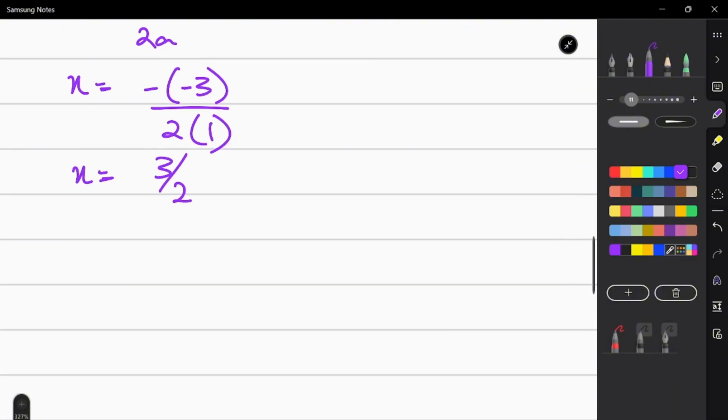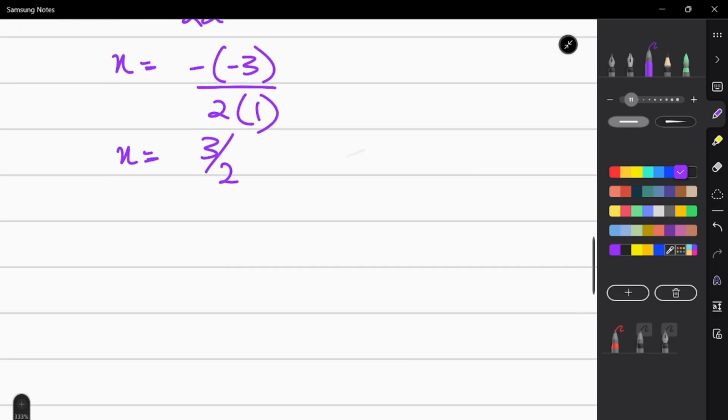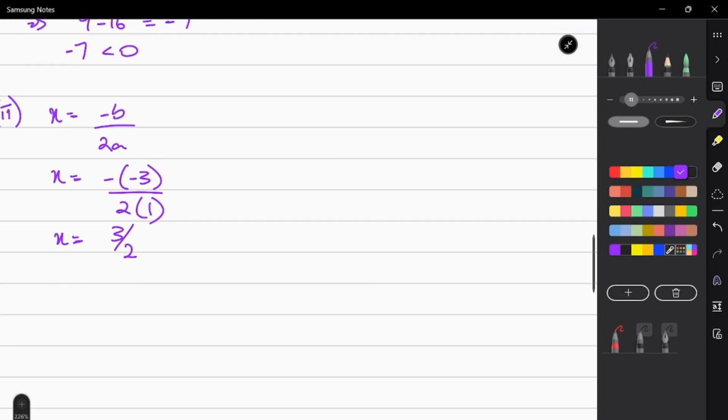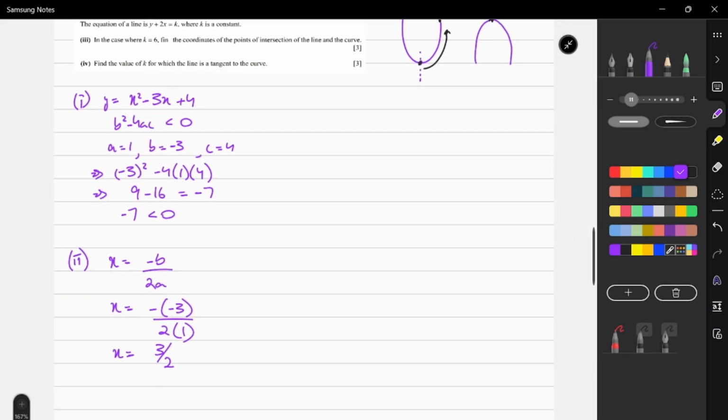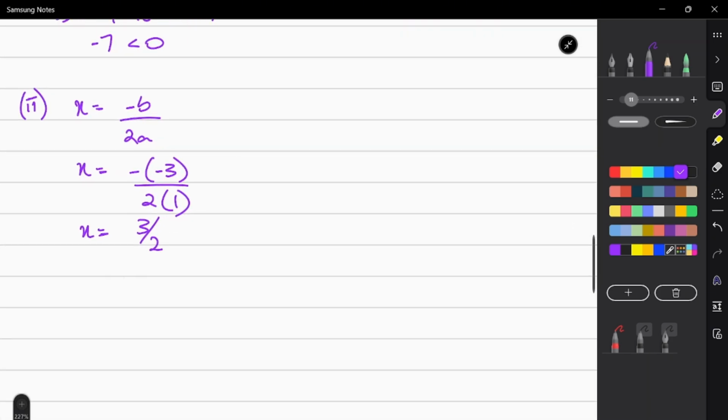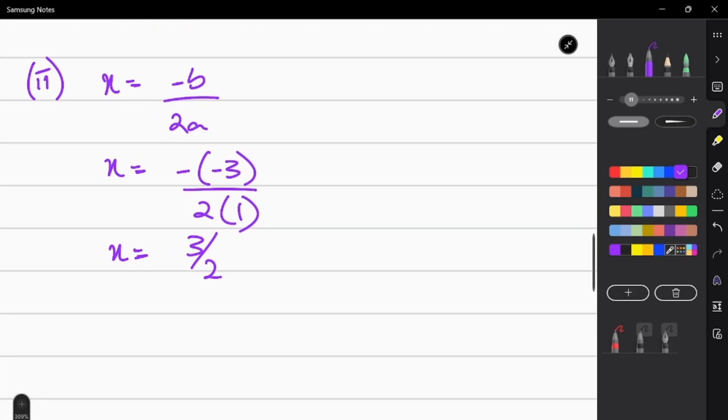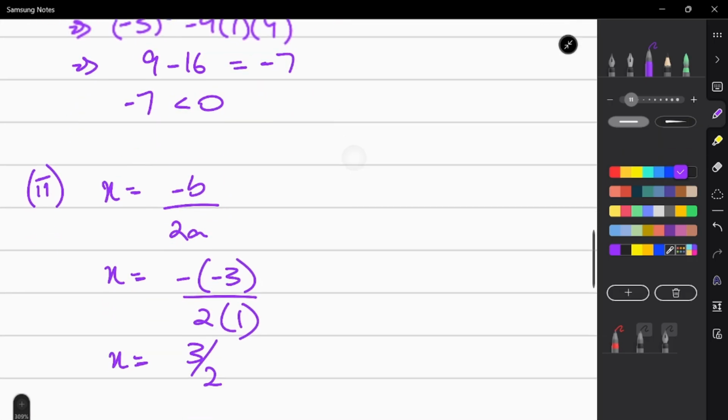This is the x coordinate of the vertex. To find the y coordinate, I'll be substituting this value. Oh wait, I don't need the y coordinate, I just needed the set of values for x.